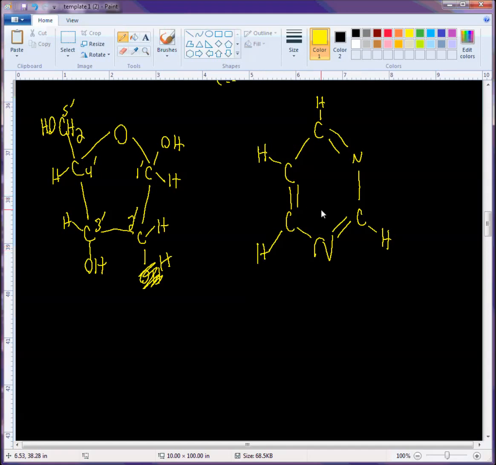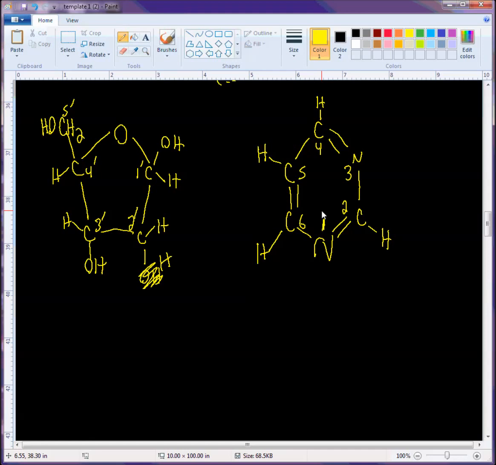Okay, so this is our generic structure here, and so we should go with a 1 at this position, 2, 3, 4, 5, and 6. Now notice there are no primes here. For some reason we have primes with the carbon sugars, but not with the purines and pyrimidines. Let me just check and make sure this is right. I think it is. Looks good.